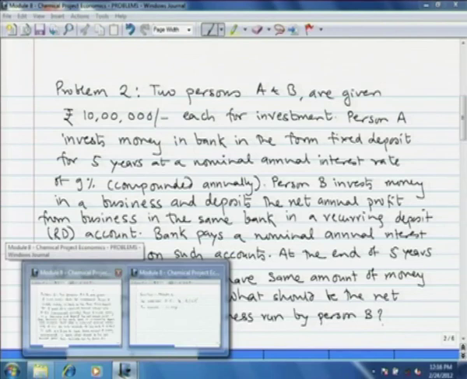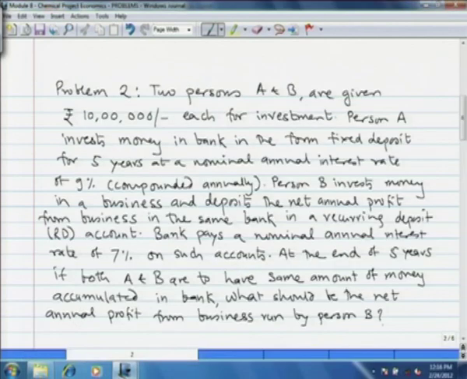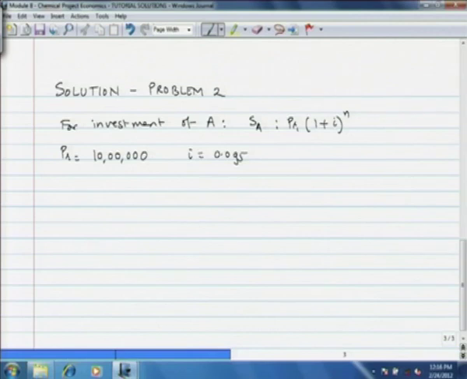So, here we make a change. Here the annual interest rate is 9.5%, not 9%. So, the interest rate is 0.095 and the period is 5 years. Okay.